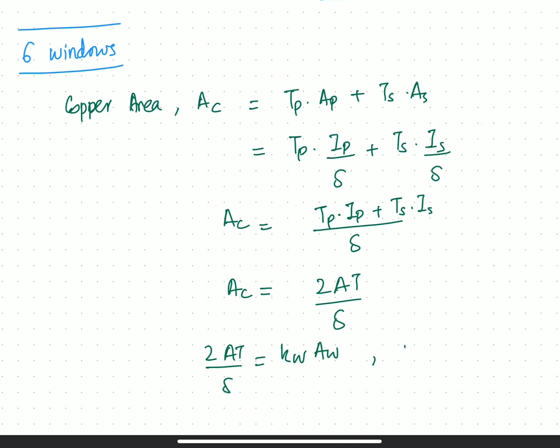So this AT can be written as delta kW AW by 2.